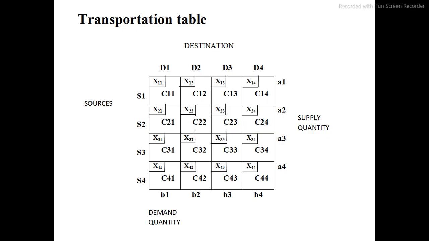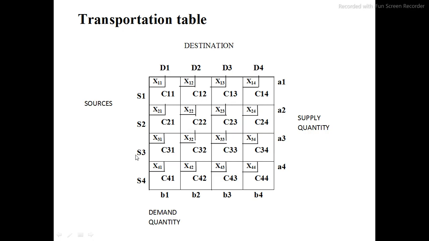Similarly, when warehouses are there, there should be some demand, and at the same time some retailers should be there. Here we can see D1, D2, D3, D4 are the retailers. They are called destinations.